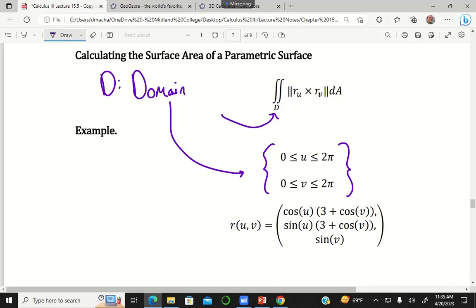So that means if your normal vector is larger, then you're going to have a larger surface area. If your normal vector is smaller, you're going to have a smaller surface area. The only intuition I could give is that this cross product is going to be bigger if either of those partial derivatives is larger.